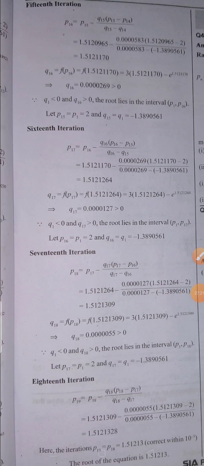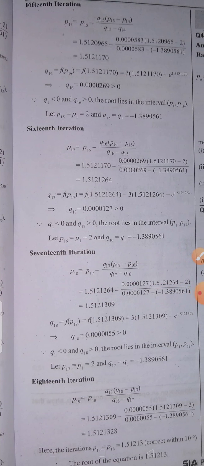Let P14 is equal to P1 is equal to 2 and Q14 is equal to Q1 is equal to minus 1.3890561. Next, 15th iteration.